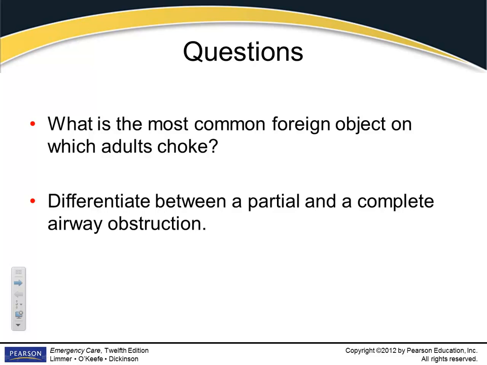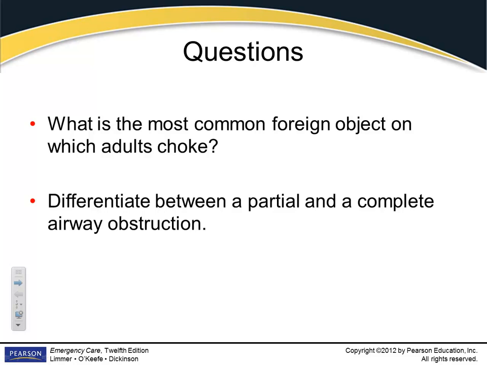Differentiate between a partial and a complete airway obstruction. How can you tell it's a complete airway obstruction? You don't hear anything. You don't hear any air movement. You don't hear them trying to talk. You're not hearing any airway sounds. There's no air moving. How about if it's a partial airway obstruction? How would you know if it was a partial airway obstruction?